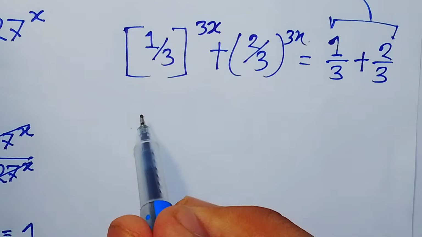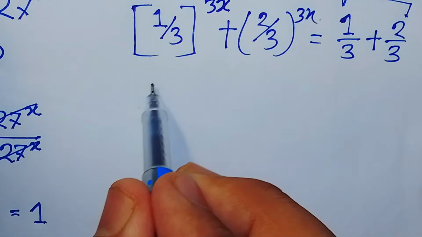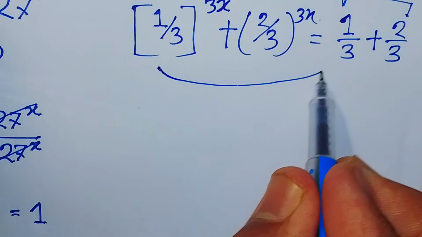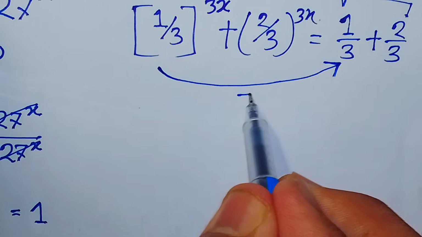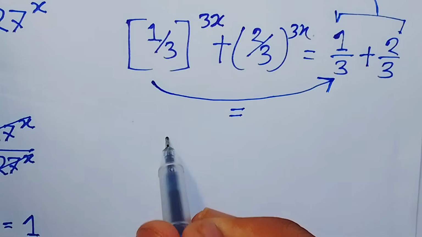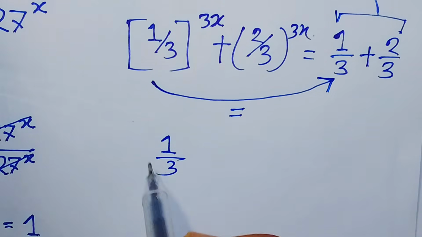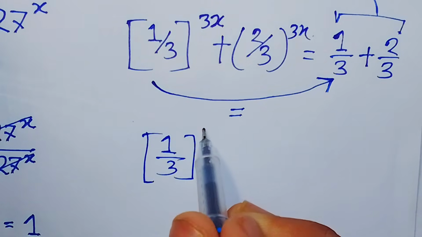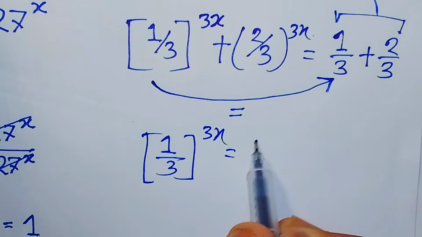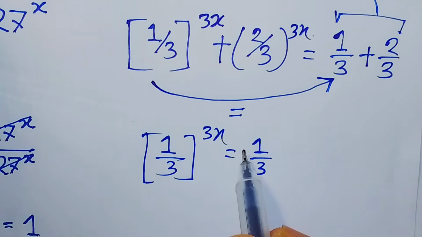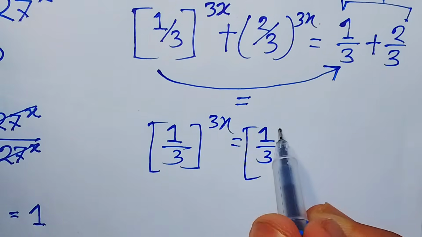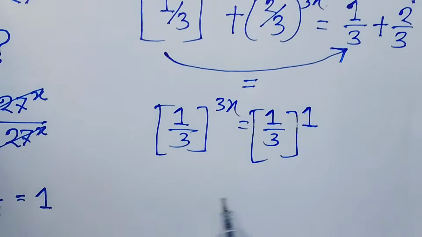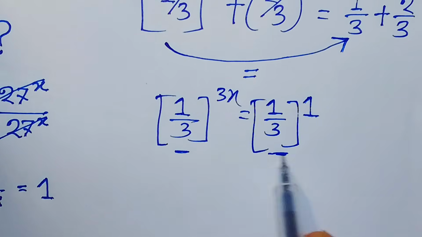Now we can write, after applying simultaneous equation rules, this is our equality. So we can write (1 by 3) to the power 3x and 1 by 3 are perfectly equal because the bases are same.